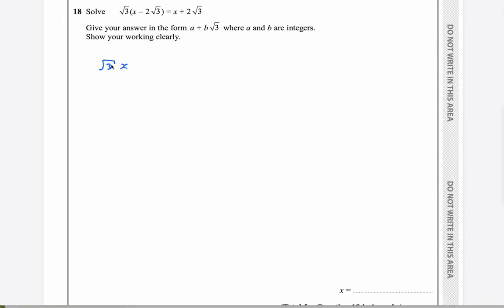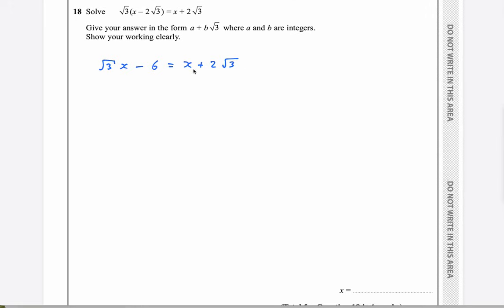Be careful, the x is not in the square root. So it's root 3x minus 2 times root 3 times root 3, which is 2 times 3, which is 6. So this times this, guys, is 6. And there's obviously the minus there, so be careful. And this is equal to x plus 2 root 3.